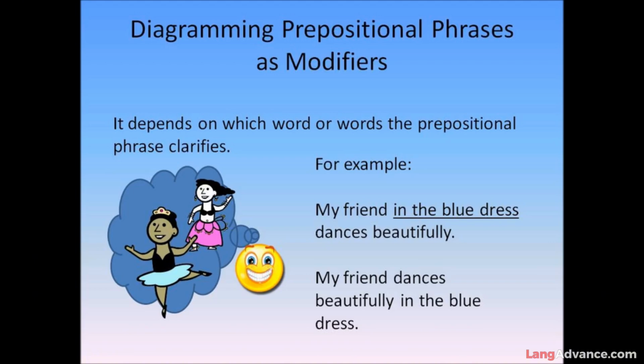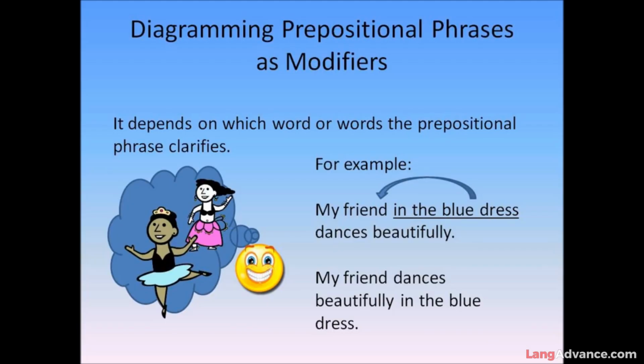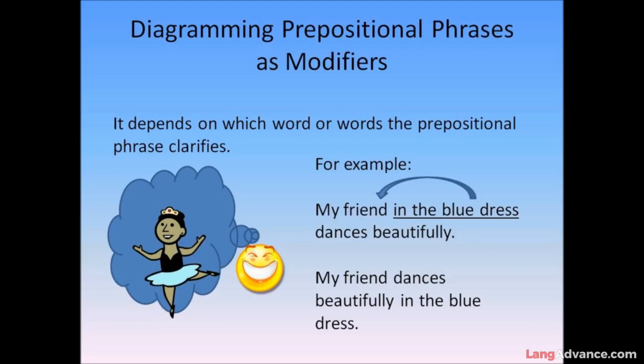It's not the friend in the pink dress that dances beautifully, it's the friend in the blue dress. There is more than one friend in this idea. We ask, which friend? The friend in the blue dress. It's the friend in the blue dress that dances beautifully.